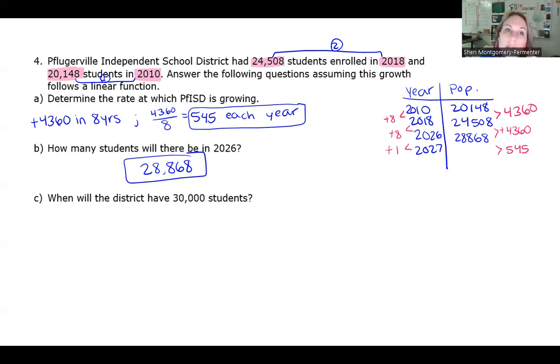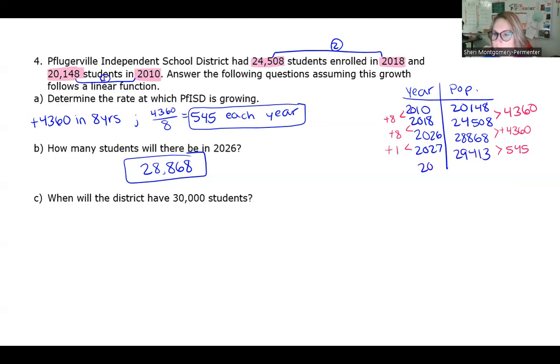So in 2027, how much will I have? Ooh, that's getting close.